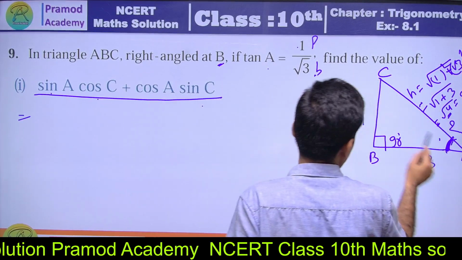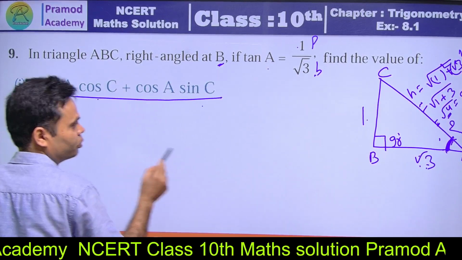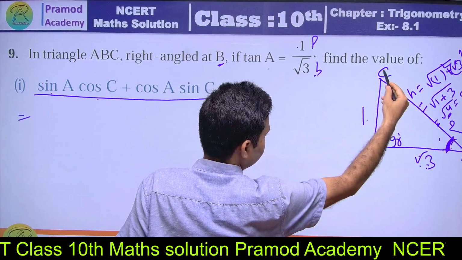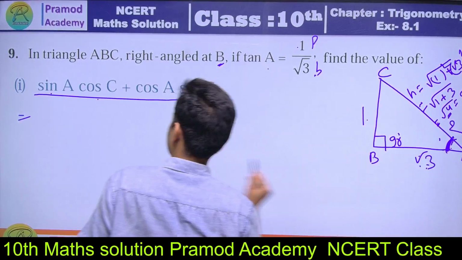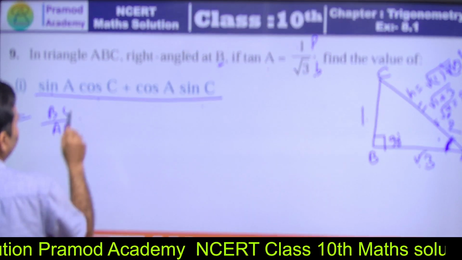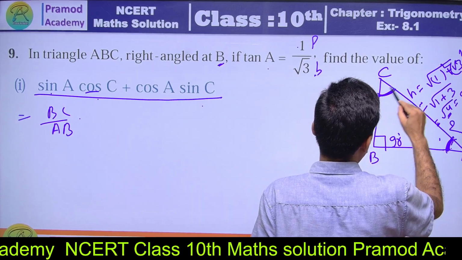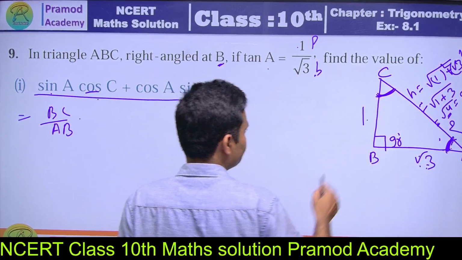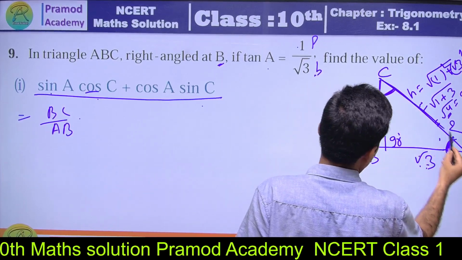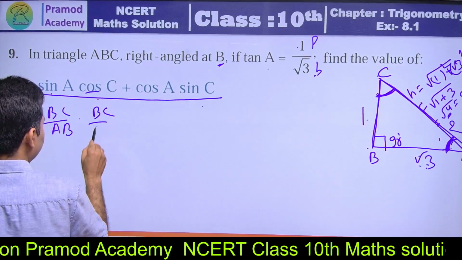This is the P, this is the B, and this is the H. So sin A is P by H, which is BC by AB, into cos C. For this angle, cos C is B by H, so BC by AC.